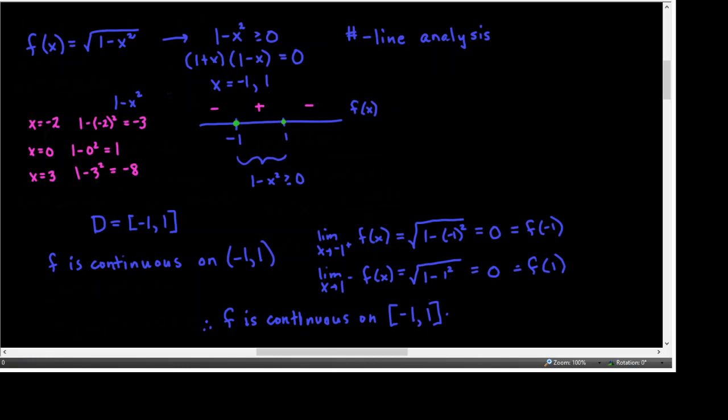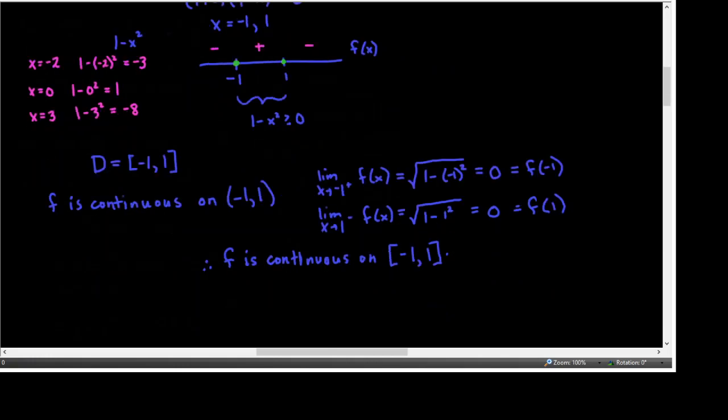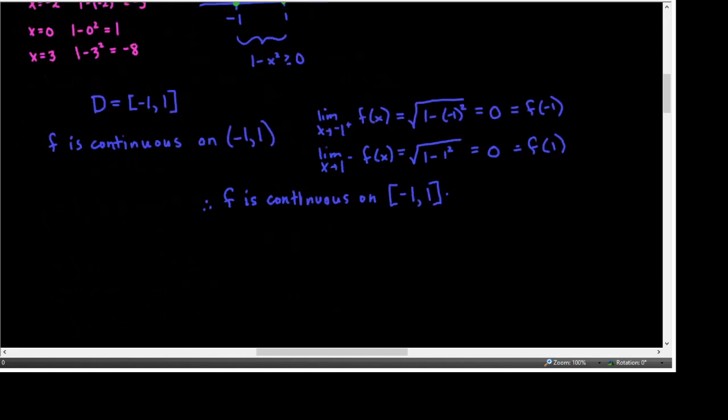Now, another thing that we could have used here is Theorem 1.5, the composition of functions. To explain this a little bit more, with the limit that we did, I kind of slid through and just said we can do it because it's a radical function, but this Theorem 1.5 actually says why that's so.